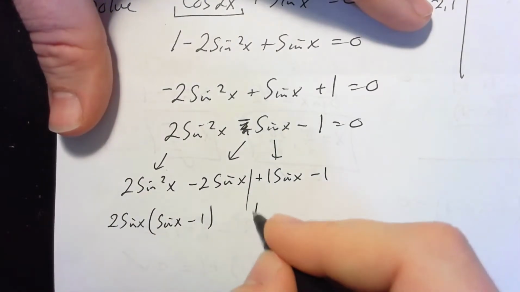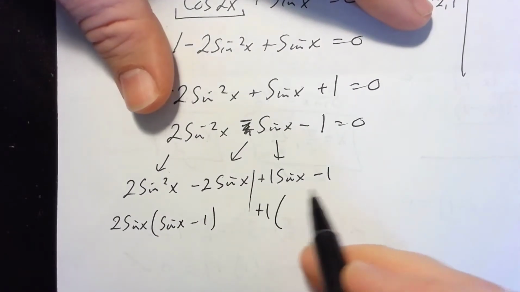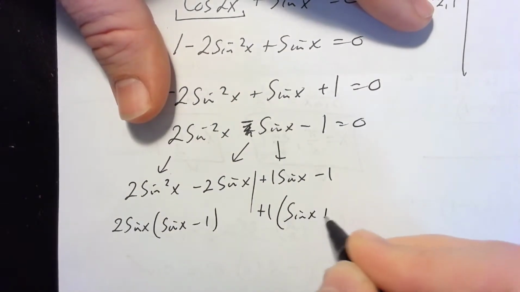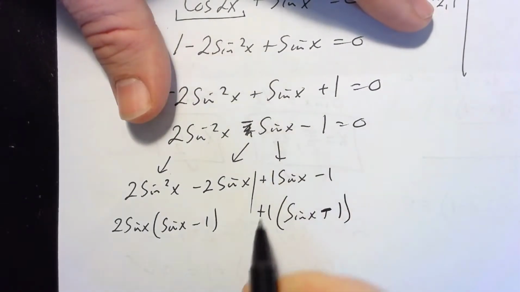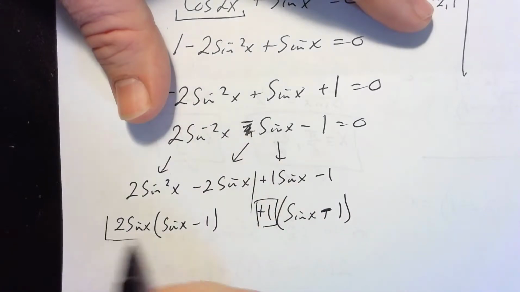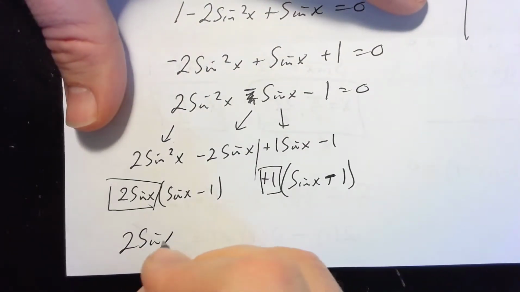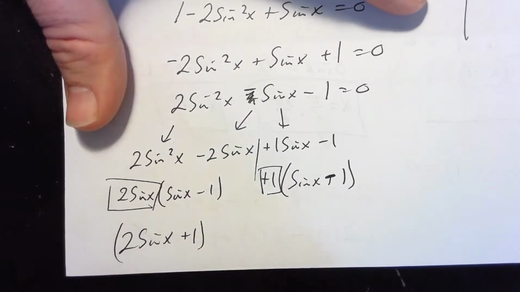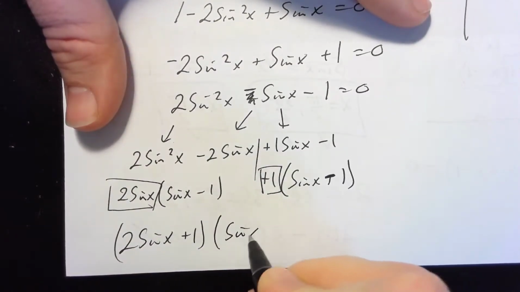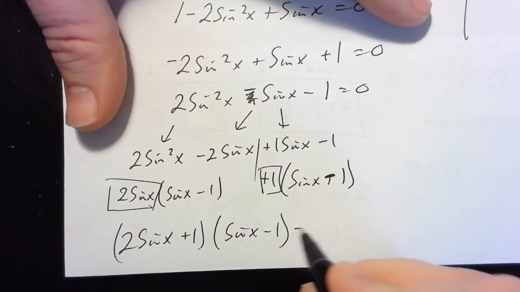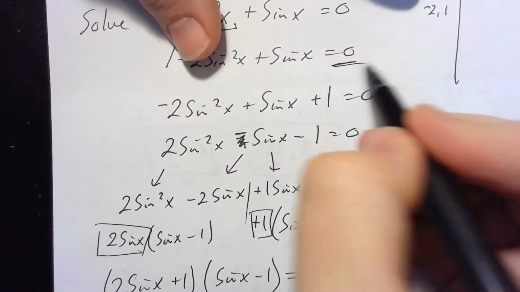Out of these two terms, I'll factor out a positive 1. I know technically I'm not factoring anything out of these two, but I have to have something to share between this term and this term. So I end up with 2 sine of x plus 1 as one factor, and sine of x minus 1 as the other factor, equaling 0, because that's what it was equal to up here.